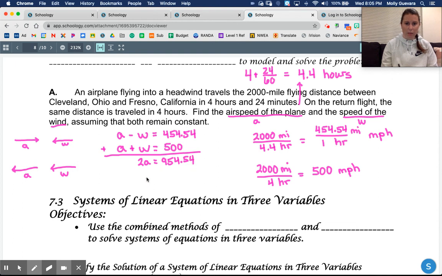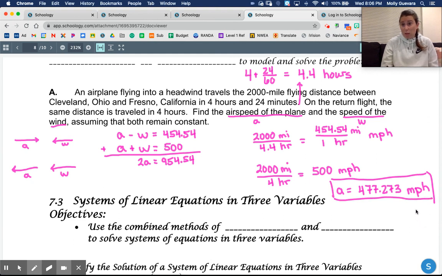954.54. So A, definitely running out of room. A is equal to 477.273 miles per hour. So that's how fast the plane goes. No matter what the wind is doing, that's the speed of the plane.